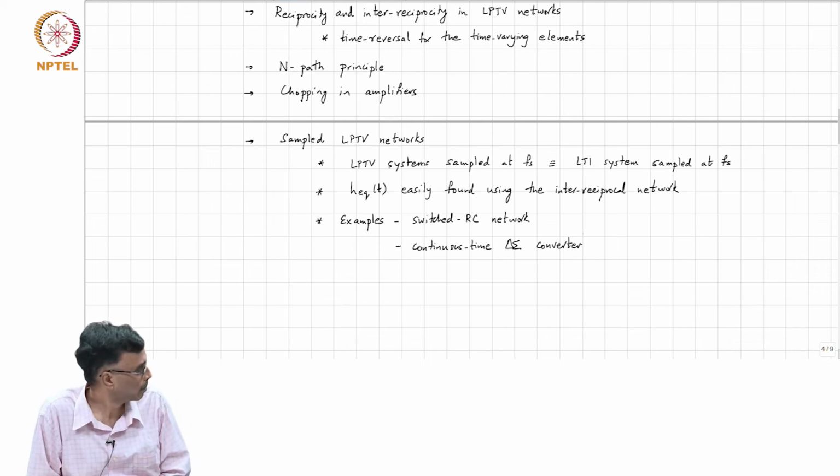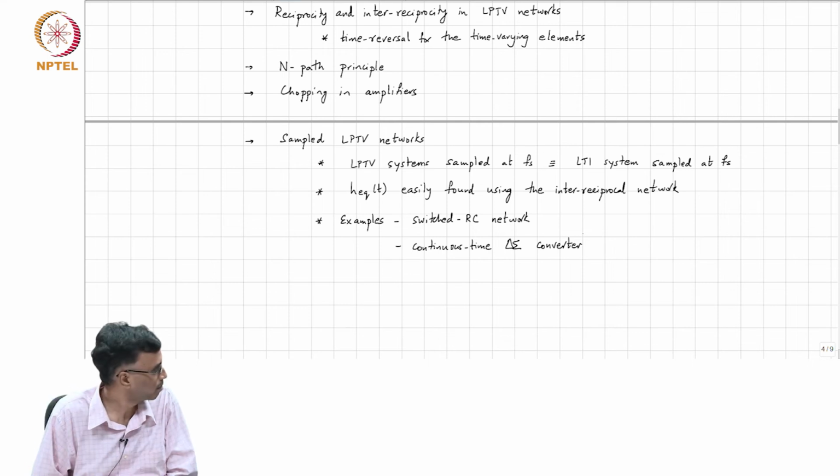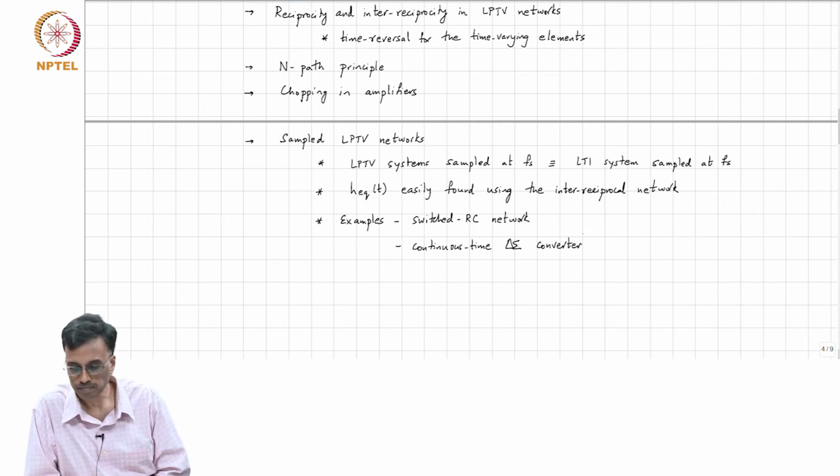So, for those of you who have taken an RF class or data converter class, you have probably seen this before, but if you have not, you just treat these as LPTV systems that you need to study, as illustrations of the concepts that we study.